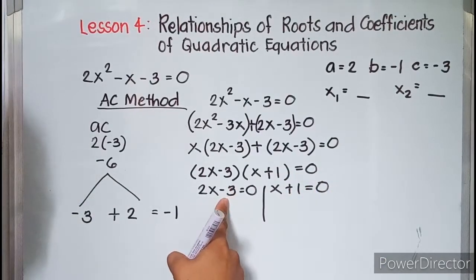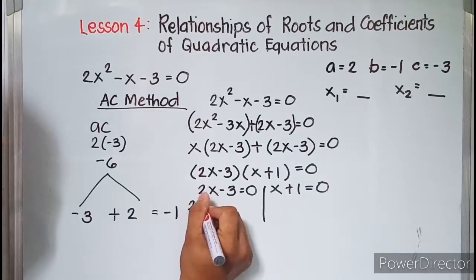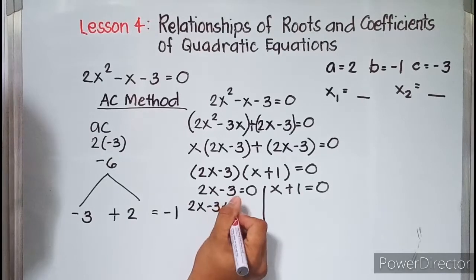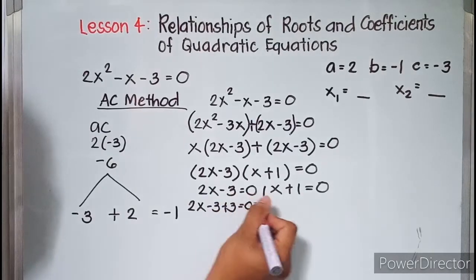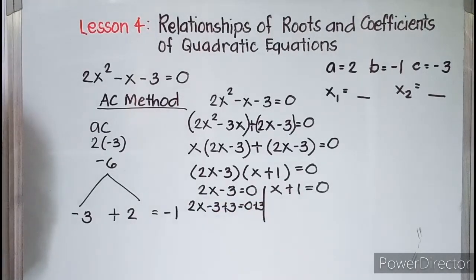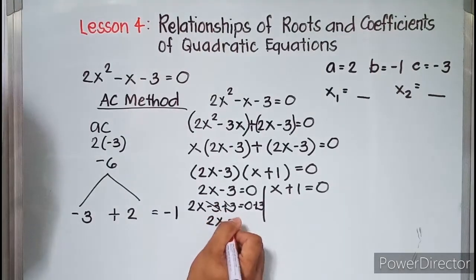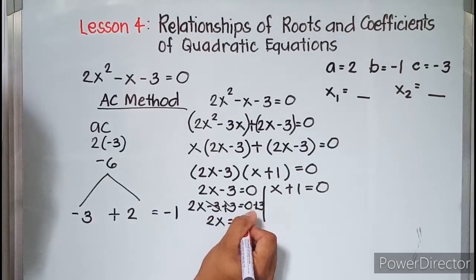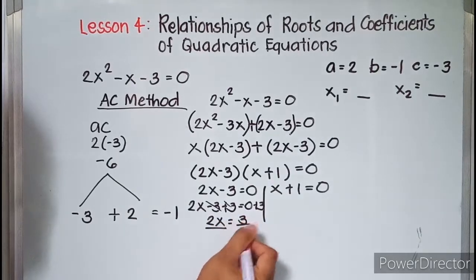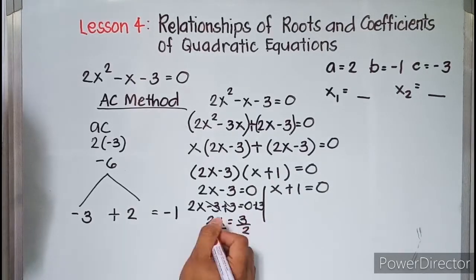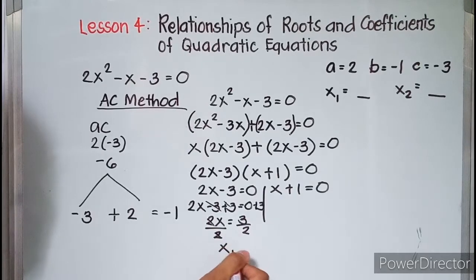Then, additive property or additive inverse. So we have 2x minus 3 plus 3 equals 0 plus 3. So cancel. So we have 2x equals 0 plus 3 is 3. Then, divide both sides by 2. x sub 1 is 3 halves.